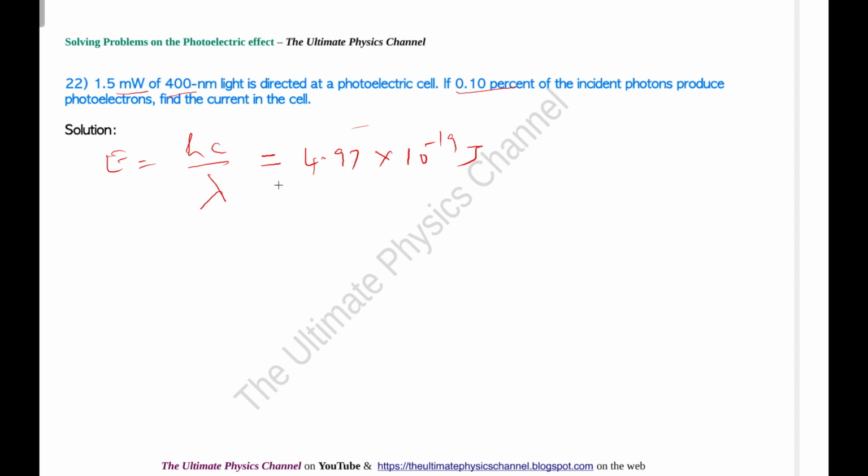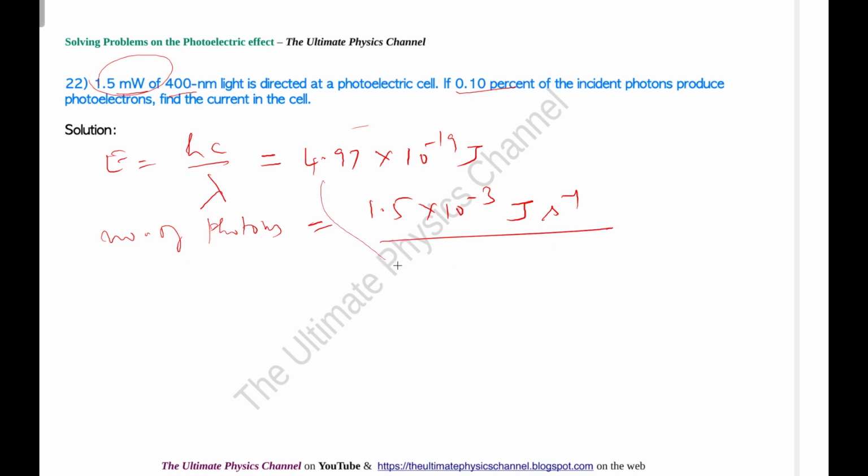We want the number of photons, right? Because this is given in milliwatt units. So the number of photons, of course per second, is 1.5 into 10 power minus 3 joule per second over this energy of the photon, that is 4.97 into 10 power minus 19 joule.